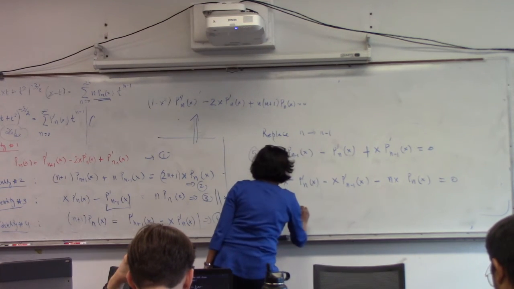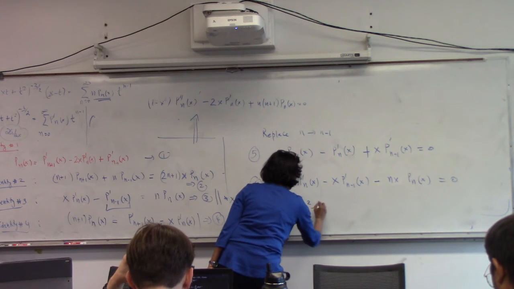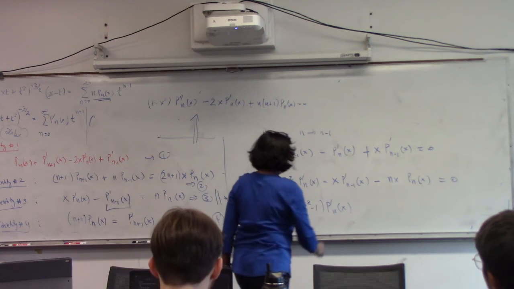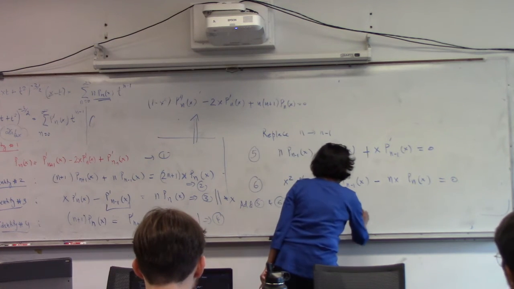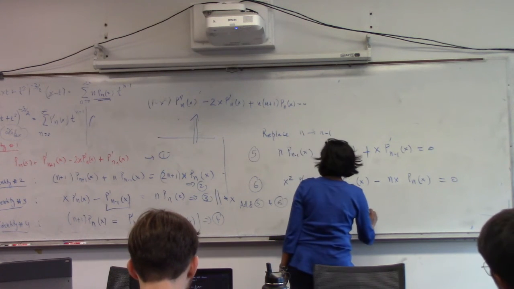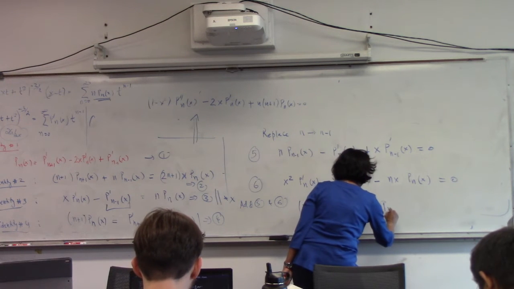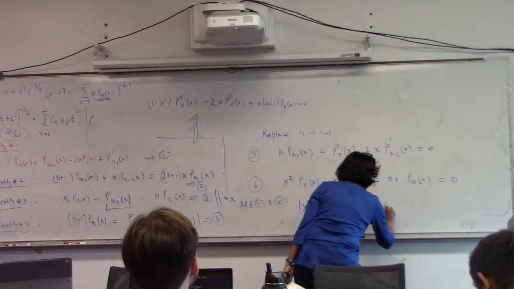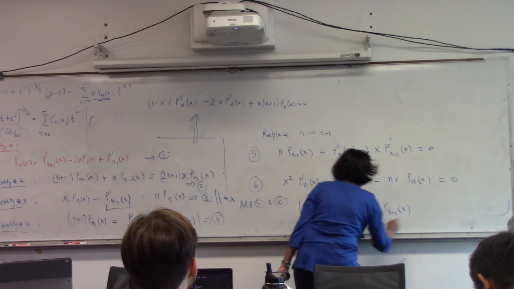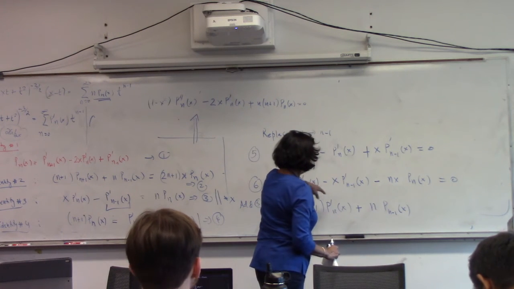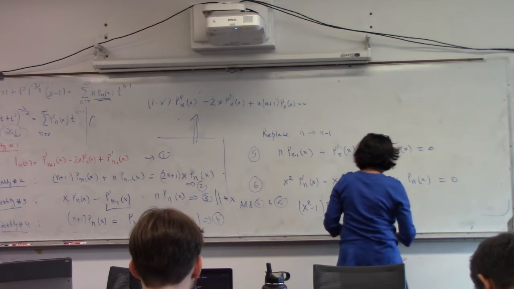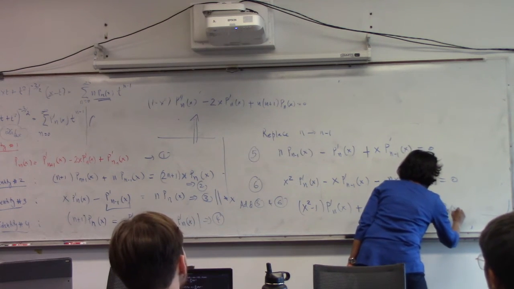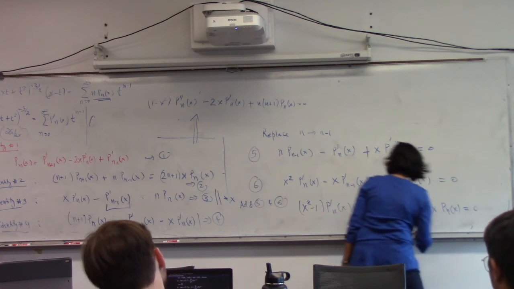They have the same thing, right? So I can have x squared minus 1 P prime of nx. And then these two will cancel. Then I have n times p sub n minus 1 x. That will cancel, minus nx p sub nx equal to 0.